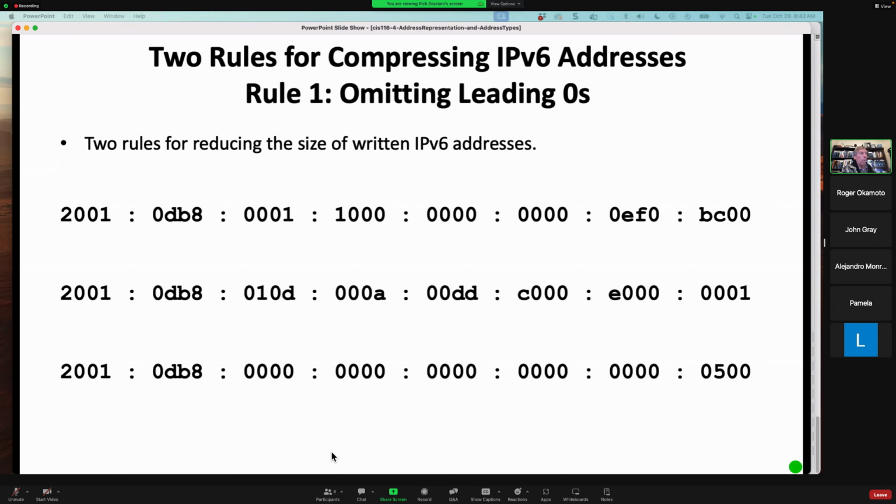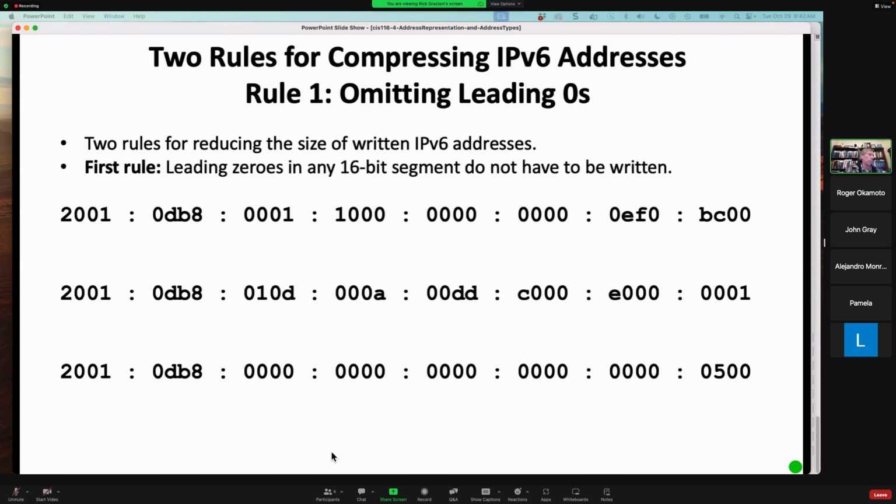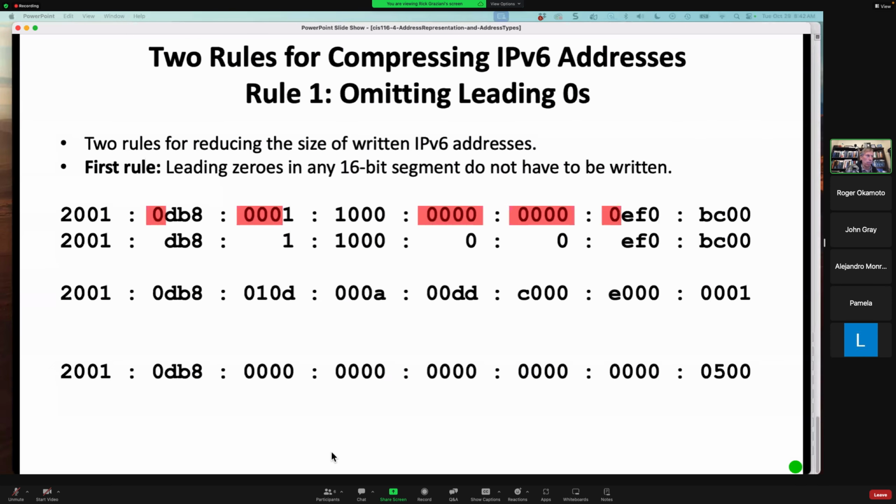First rule is that you can omit any leading zeros in any of those hex tags. Let's take a look at that first one here. Wherever you have a leading zero, we can remove the leading zeros. We've got one zero there, three zeros, four zeros, four zeros, and one zero there.